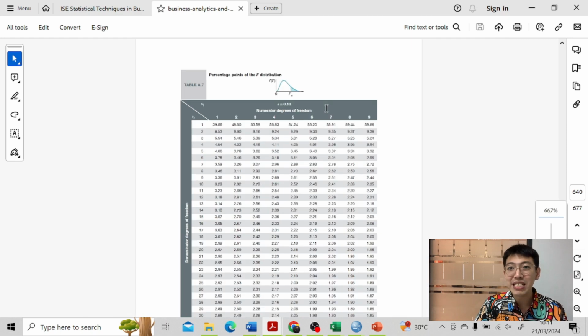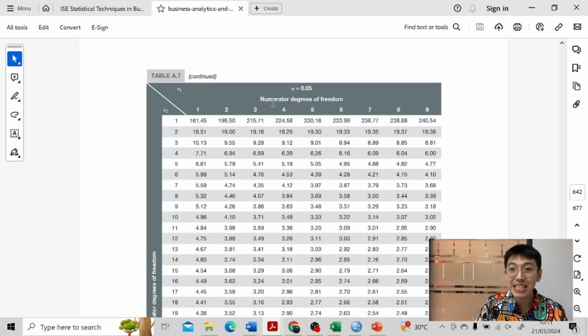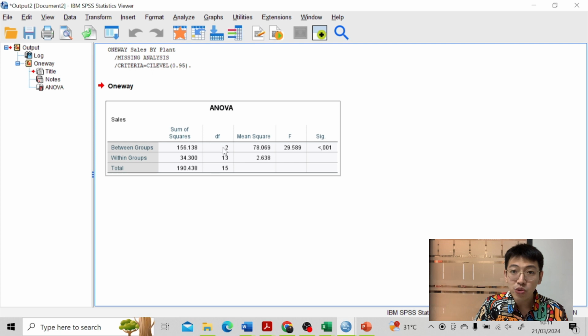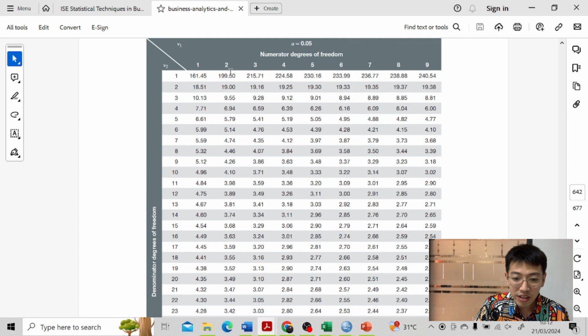Since our significance level is 5%, we have to use the 5% F table. This is the 5% F table. There is numerator degree of freedom and also denominator degree of freedom. This is the numerator degree of freedom and this is the denominator degree of freedom. So the numerator is 2, the denominator is 13. We can find here, this is 2 and 13.